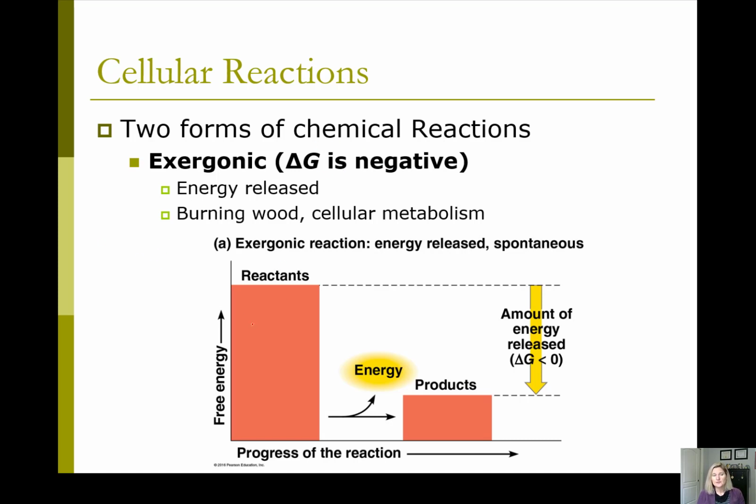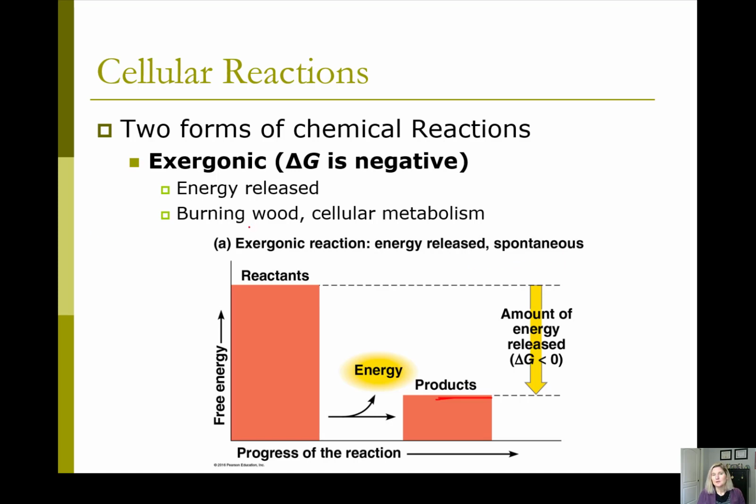There's so much energy in the reactants that energy will actually get released during the reaction. So we start out with a high amount of free energy and end up with a low amount of energy, so the free energy change is a negative number because it's getting released. This is an example of a spontaneous reaction.